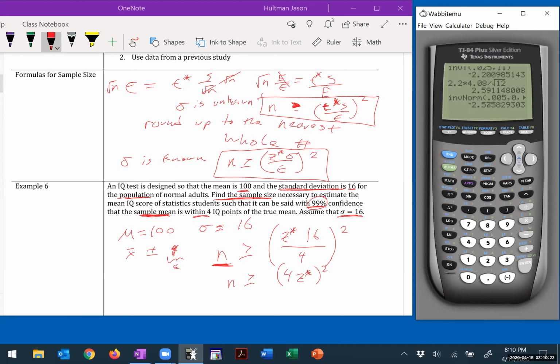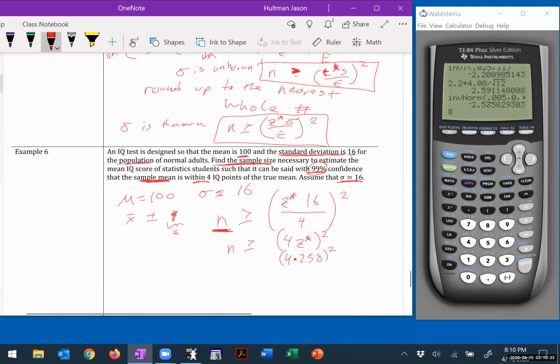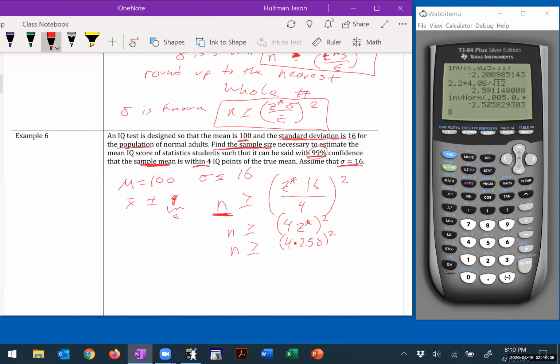Okay, 2.58. So this is 4 times 2.58, squared. And then I want to round up to the nearest whole number. That's a times symbol, not a decimal. So what's 4 times 2.58?